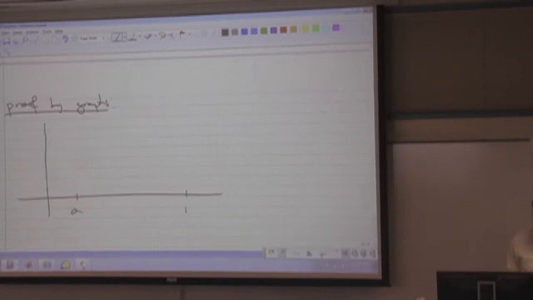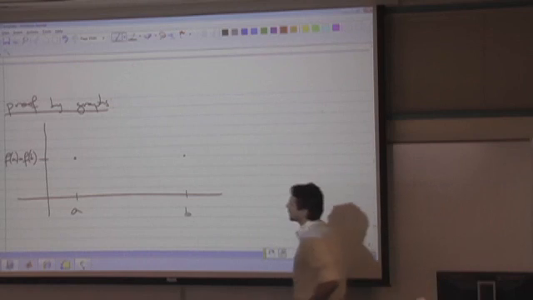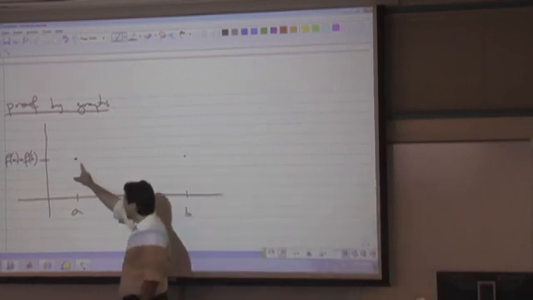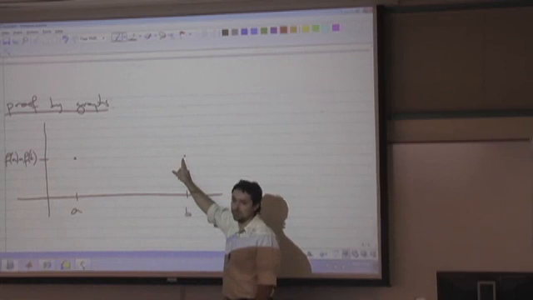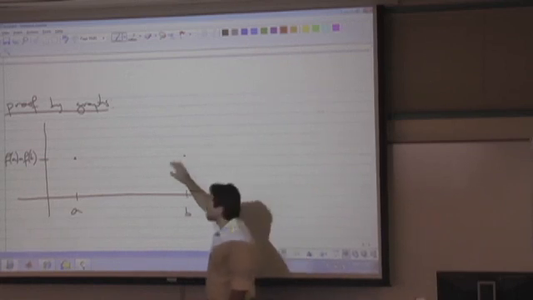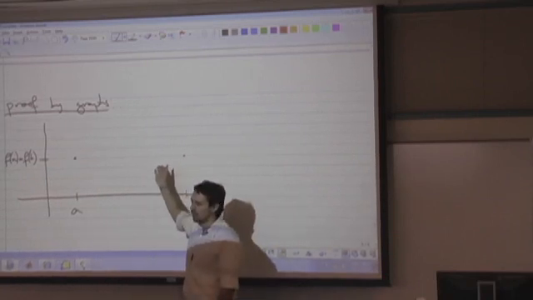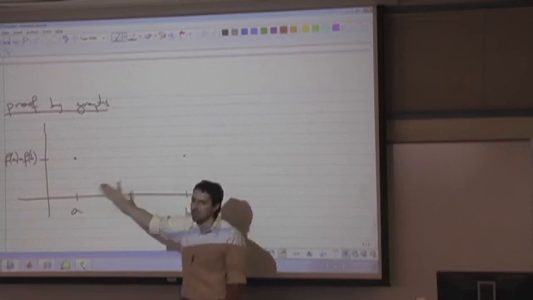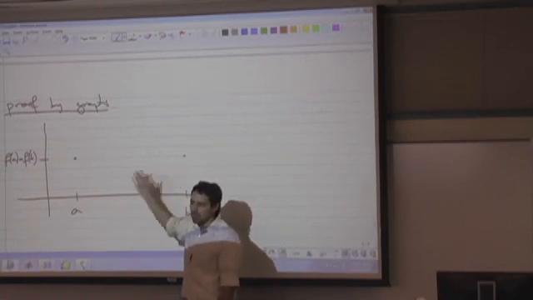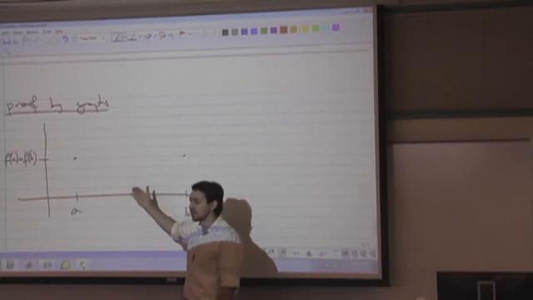Let's see. This is A, this is B. Let's say f of A equals f of B. My function is continuous and differentiable on the interval AB, which means I start at this dot and have to finish at this dot, right? Obviously, if I go on a horizontal line, then the theorem is clearly satisfied, because the derivative is 0 everywhere. So let's not deal with that boring instance.